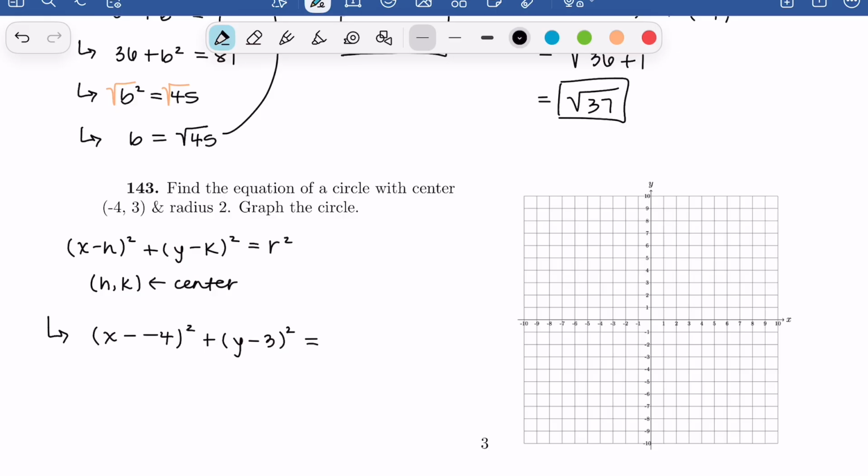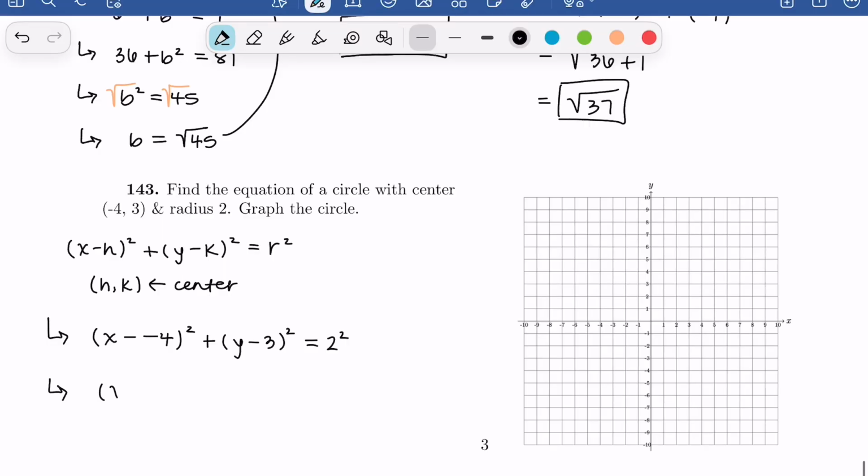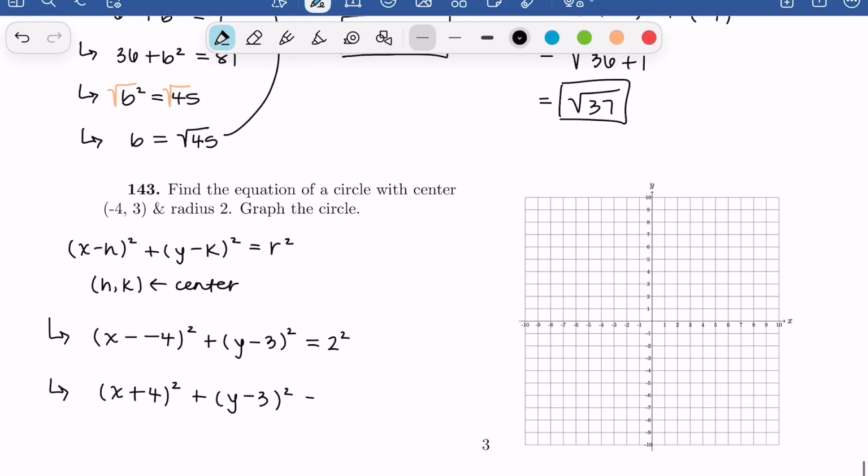Well, our radius is 2, so 2 squared. All right. Let's simplify this further. This is going to end up being x plus 4 squared plus y minus 3 squared is equal to 4. All right, so this is our equation of our circle, and then we're going to go ahead and graph it.